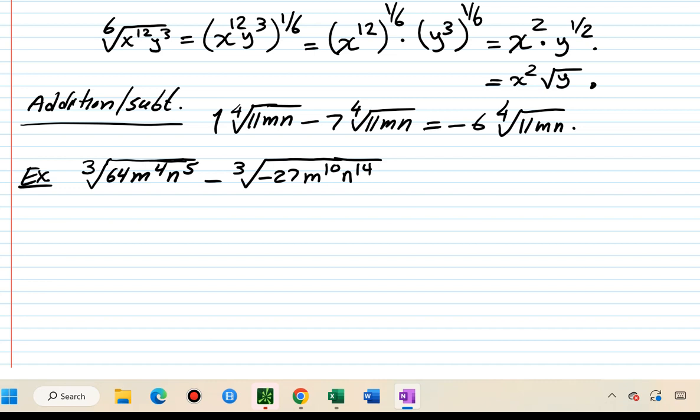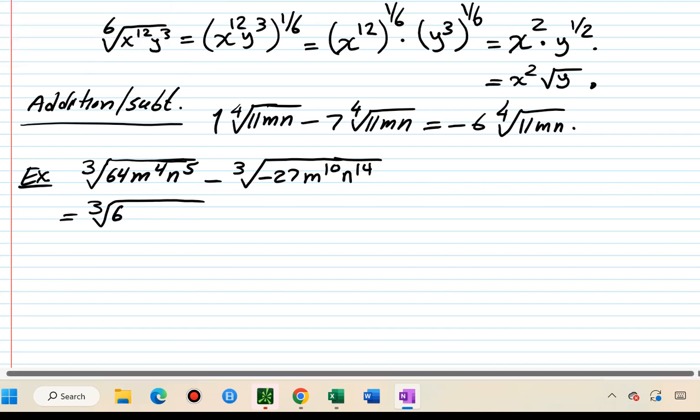Well, first I need to factor each of these, right? Because this is a cube root, I'm going to write this as 64 m cubed and n cubed. I still have an m. Let me use a different color here, because that's going to really help clarify what we're doing.